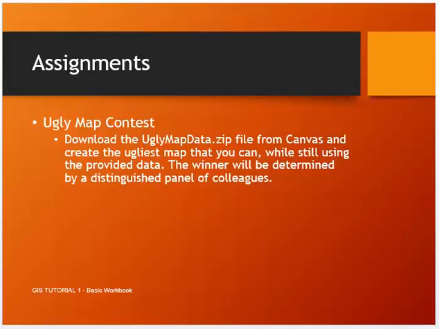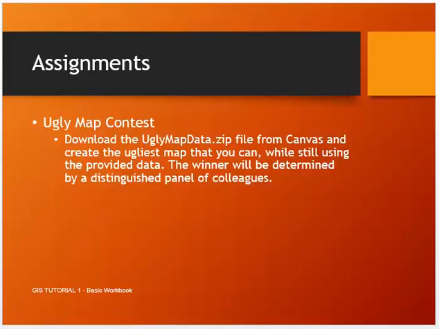Use that data to create the ugliest map that you can think of, keeping in mind the principles that we just went through on how to build these maps. Good color choices, good symbology. So that's the assignment.